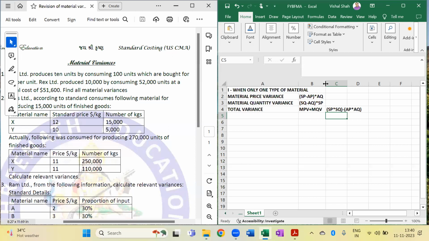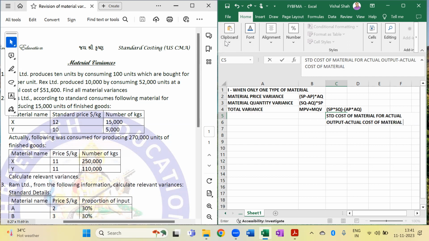In short, if you want to understand what I'm trying to say, it is the standard cost of material for actual output minus the actual cost of actual output.